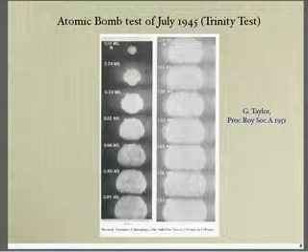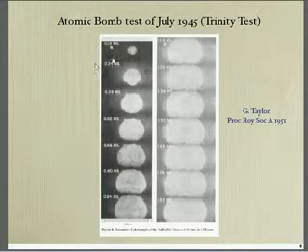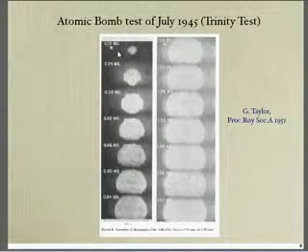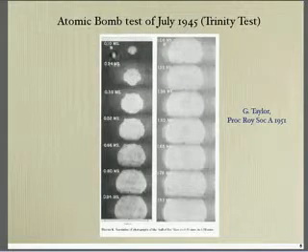This was called the Trinity test, and the pictures here show the size of the fireball from typically 0.01 milliseconds all the way up to about 1.9 seconds, 9 milliseconds after the explosion. And you could see that the fireball rapidly grows.